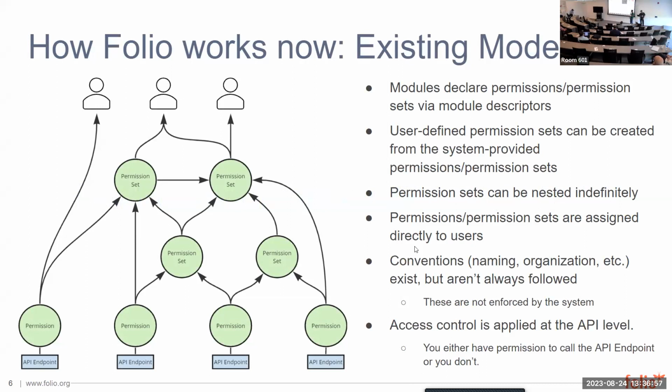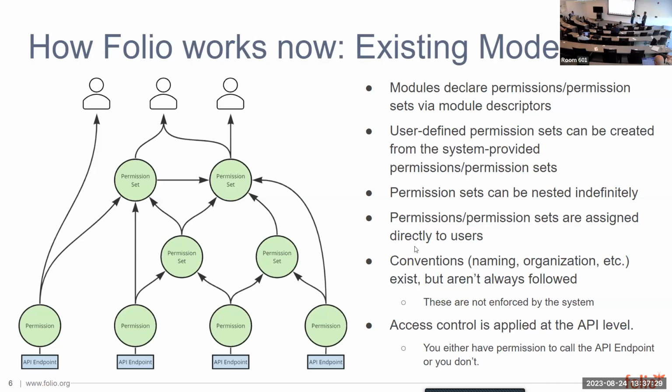Those permissions then get combined into permission sets that are defined by the backend modules. And then those backend module permission sets get rolled into UI permission sets, or even permission sets that are defined by the user. So you can see this nesting that I was talking about, and you can also see the relationship between some of the permission sets, where other permission sets also have some of the same permissions. So it can be confusing to determine what exactly you're granting someone.